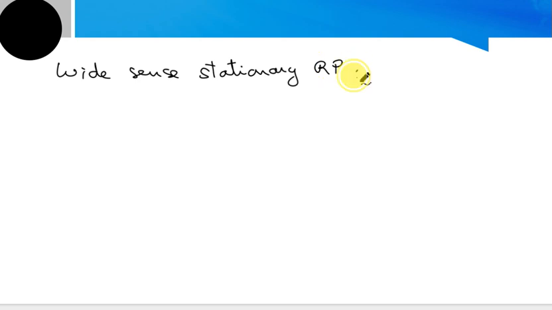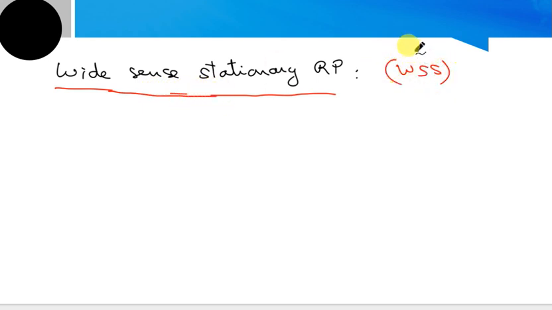Okay. Next, what is meant by wide sense stationary random process? We represent this as a WSS process.